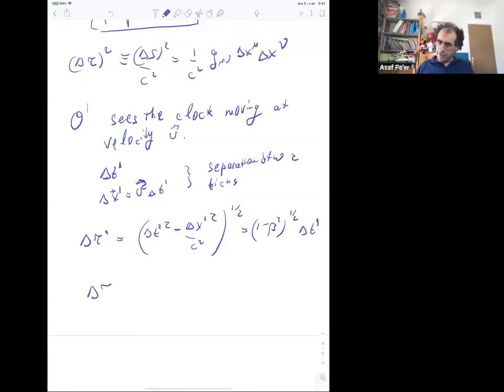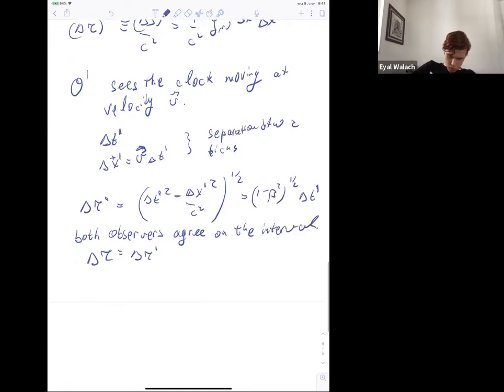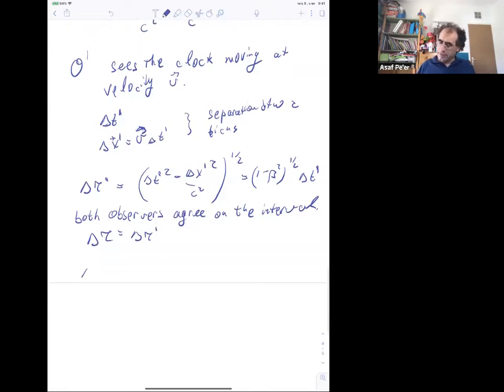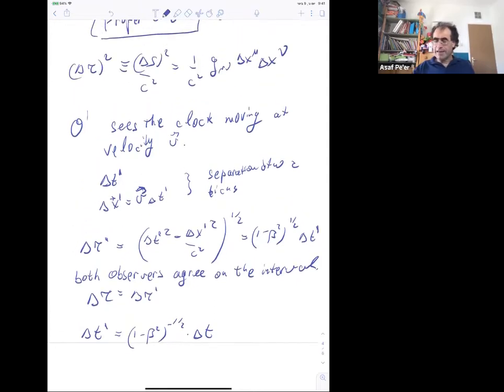So delta tau is equal to delta tau prime, which means that when the observer O prime sees the clock in motion, it sees it ticking with a period delta T prime equal to 1 minus beta squared to the power minus 1/2 times delta T, because delta tau is just delta T.